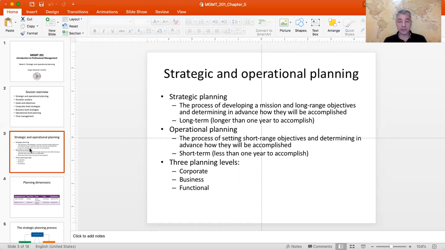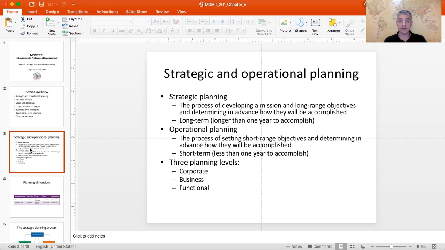With operational planning, we'll look at something that takes less than 1 year to accomplish. And so, again, operational planning is the process of setting short range objectives and determining in advance how they will be accomplished. So, the primary distinction is just the timeline.